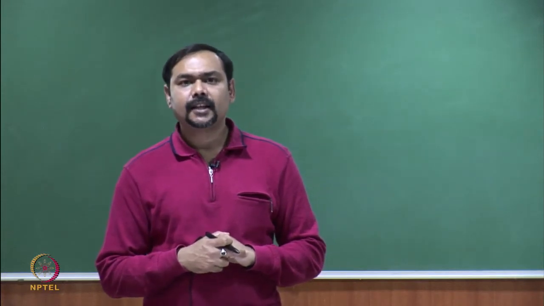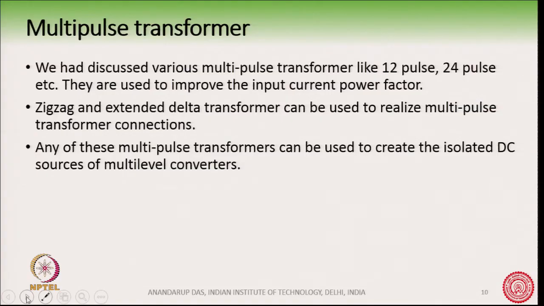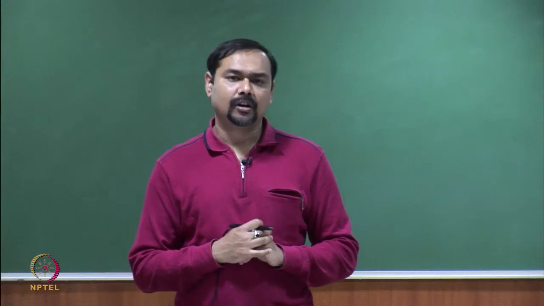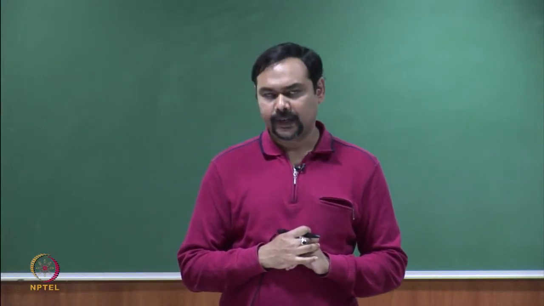Subsequently, we discussed some multipulse transformers. Multipulse transformers like 12 pulse, 24 pulse, etc., are used in multi-level converters, in particular with cascaded H-bridge, to get isolated DC sources and also to improve the input current power factor.